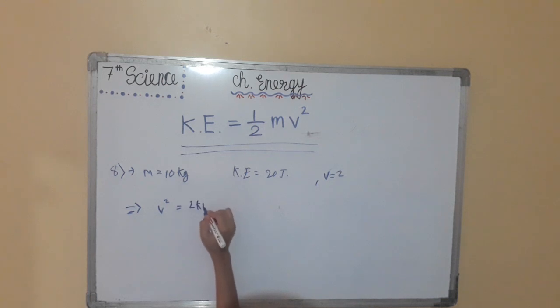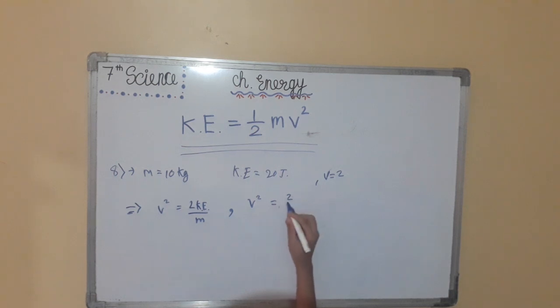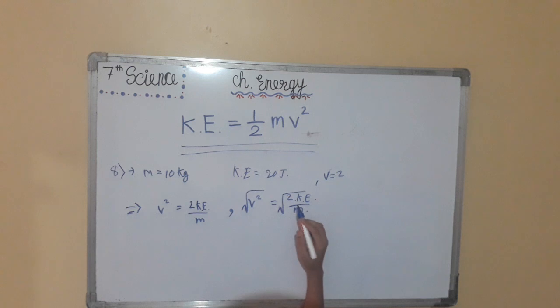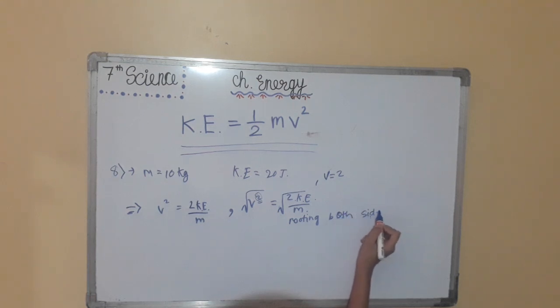Taking the root on both sides to remove the square, v is equal to root of 2 into kinetic energy upon m.